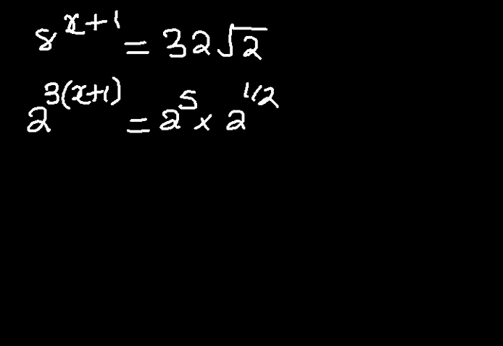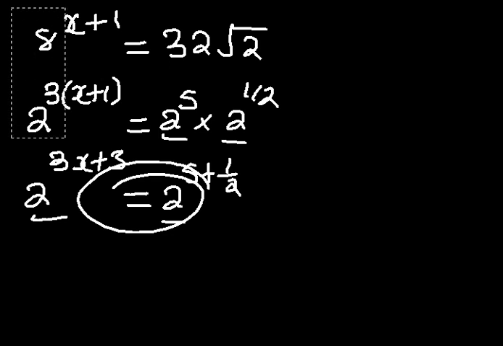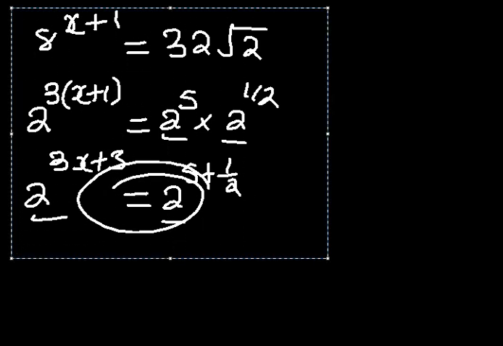Using the laws of indices, the bases are the same, so we'll have 2 to the power 3x plus 3 equal to 2 to the power 5 plus half. Now the bases are the same, you know what is to be done. Just equate the powers, then you'll be able to solve for x. So work it out on your own.